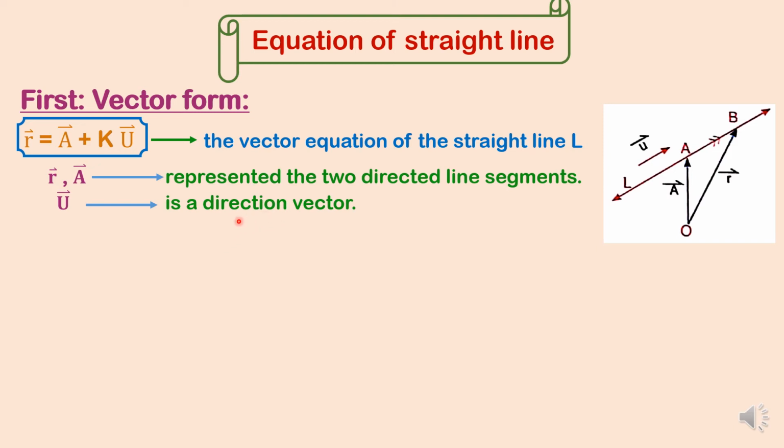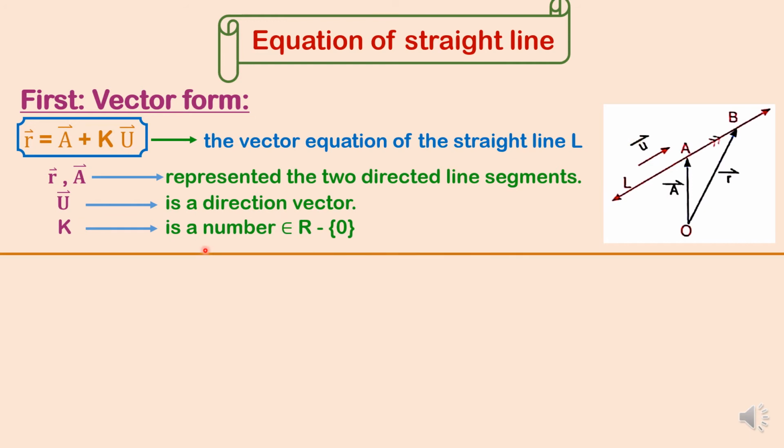The direction vector is the slope of the straight line. K, what is k? K is a number that belongs to R, different from 0.